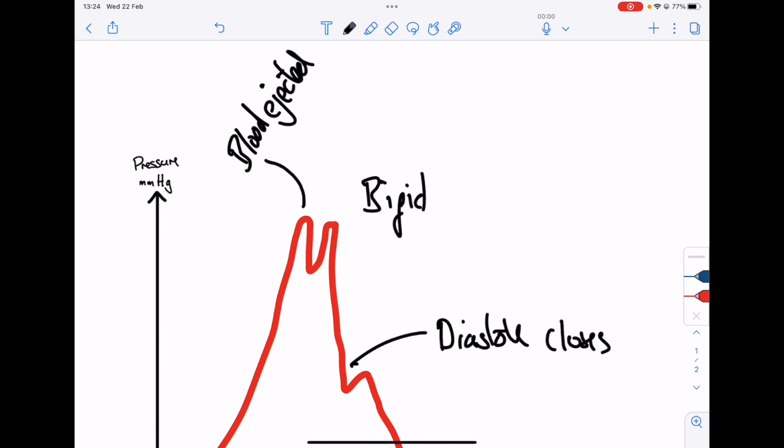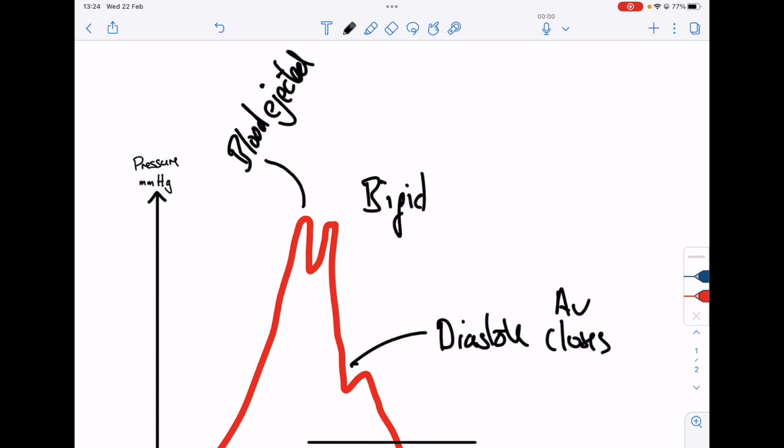And then the assumption is that on isovolumetric relaxation, etc., in that end bit of systole, the aortic valve would close and lead to ongoing forward flow in the aorta.